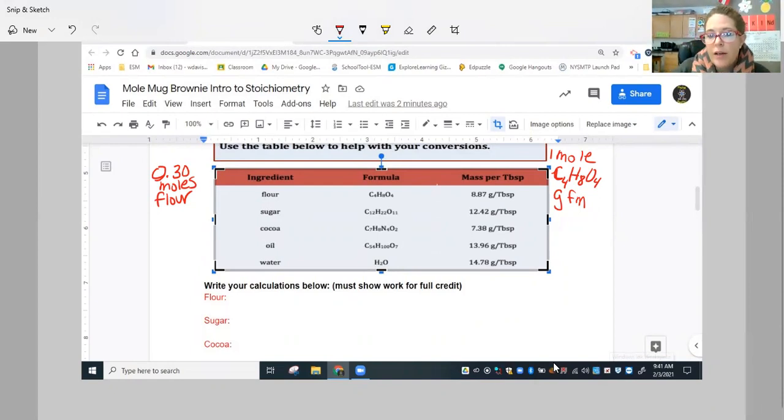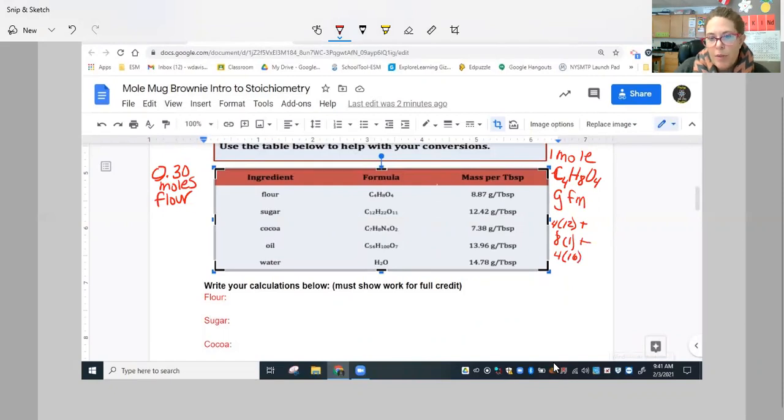This is a great review of how to calculate the gram formula mass. I have 4 carbons, each carbon has a mass of 12. Now I'm going to add my 8 hydrogens, each hydrogen has a mass of 1 from the periodic table. And then I'm going to add my 4 oxygens, each oxygen with a mass of 16.